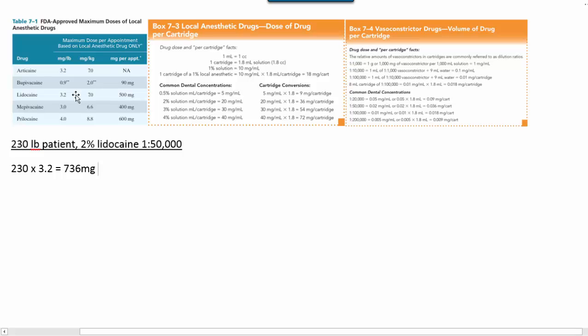Now this is over the absolute MRD of lidocaine, which is 500 milligrams. So this patient cannot have more than 500 milligrams of lidocaine. How many carpules is that? Okay, so we will take our 500 milligrams, and 2% has 36 milligrams per cartridge, so we're going to divide that by 36, and that comes to 13.8 cartridges.